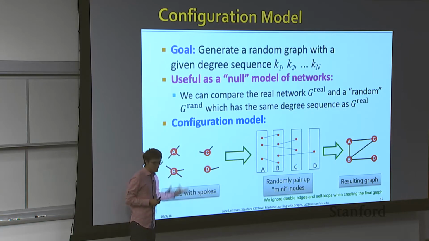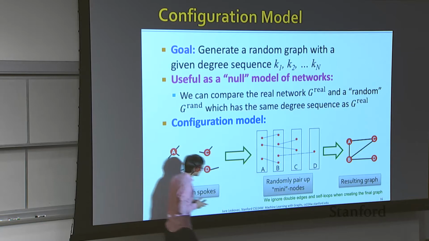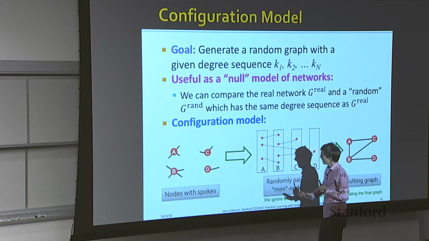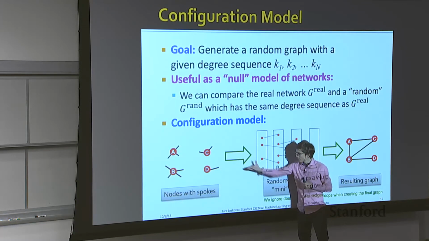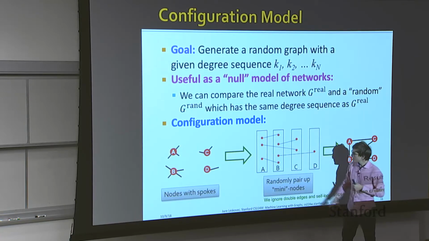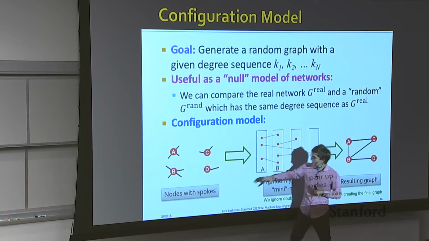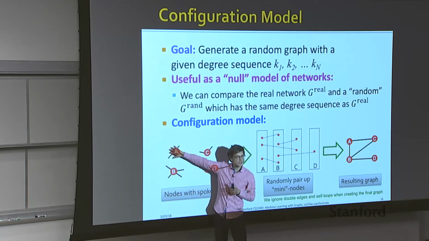Okay? And a way to do this is the following. If you have 4 nodes on the left, you generate 4 partitions where the number of nodes in every partition is exactly the degree of that node.